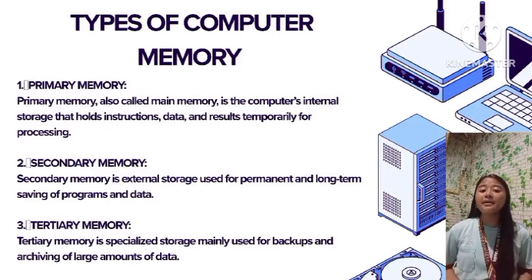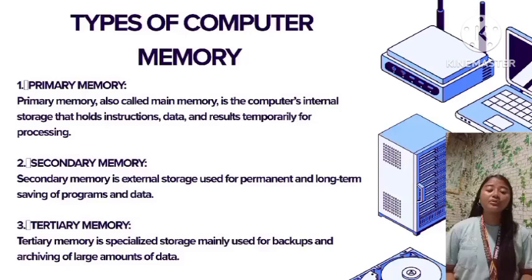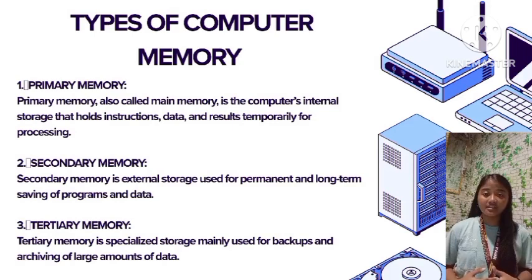It is a type of storage not usually seen in personal computers, but it is very important to large organizations, research institutions, and data centers. Its main purpose is to provide a safe place to keep huge volumes of data for long-term storage, disaster recovery, and historical records.